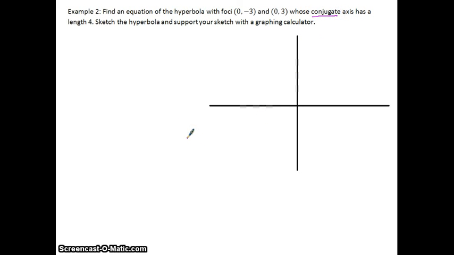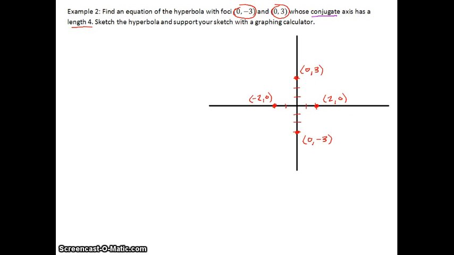The conjugate axis is the axis that runs perpendicular to the transverse axis. The conjugate axis deals with the b value. Let's go ahead and start off by plotting our focus points and plotting the b values based off a conjugate axis of length 4.